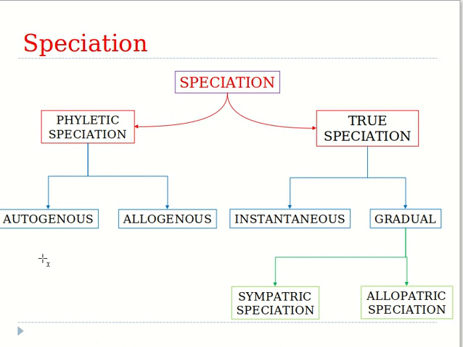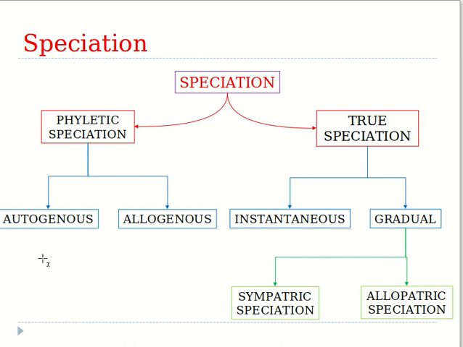These subgroups are living in the same area. Because of certain reasons, reproductive isolation, certain barriers, the members of subgroup 1 and subgroup 2 cannot interbreed. So they are reproductively isolated, but they are residing in the same geographical area. And if subgroup 1 emerges into a species and subgroup 2 into another species, obviously this kind of speciation is known as sympatric speciation.